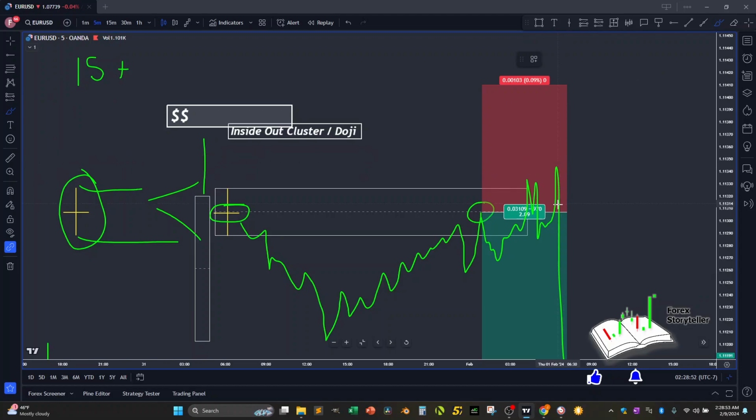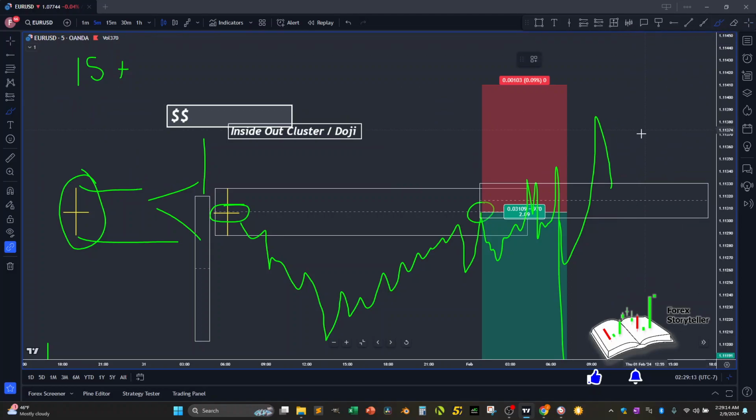This is also a very good example of a high-probability setup. Say, for example, it starts to drop again, pushes up, takes out liquidity, but then all of a sudden this little group of price action takes over as that little setup. More buyers come in, that becomes support and comes out.